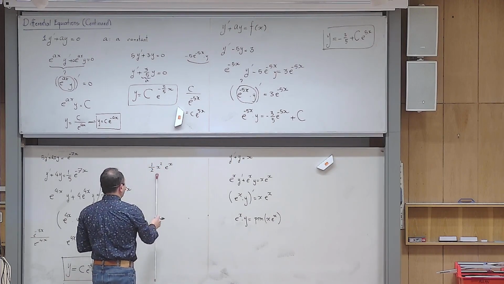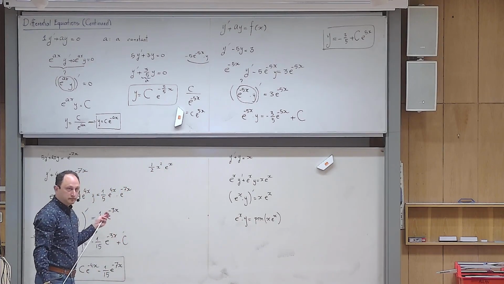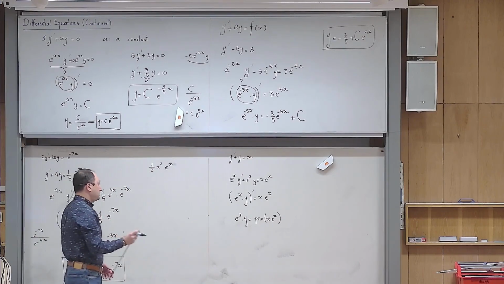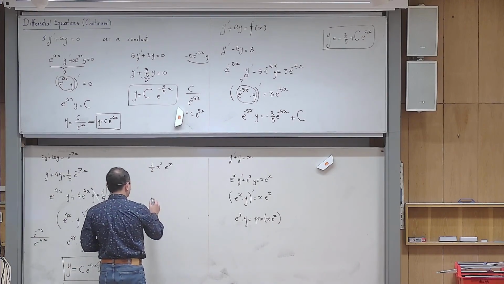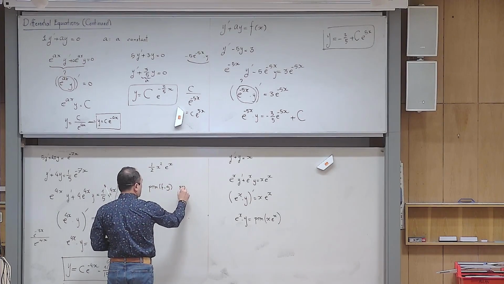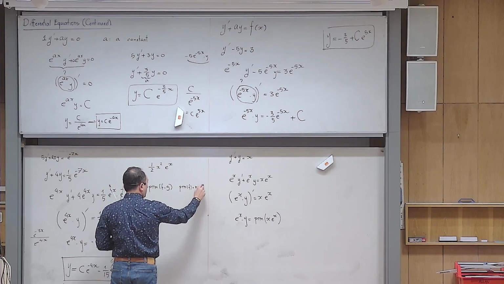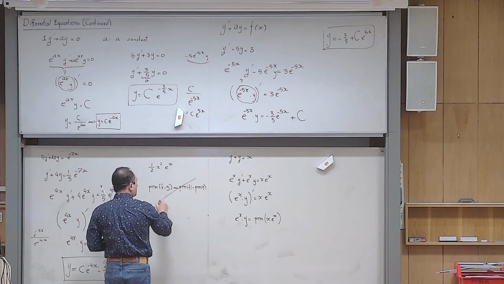Do you agree this is a primitive function for this, yes or no? This is not a primitive function. The people still believe that this is because they are using this idea. I told you, if you remember, that a primitive function of a product is the primitive function of the first one multiplied by the primitive function of the second one, unfortunately, is not true.